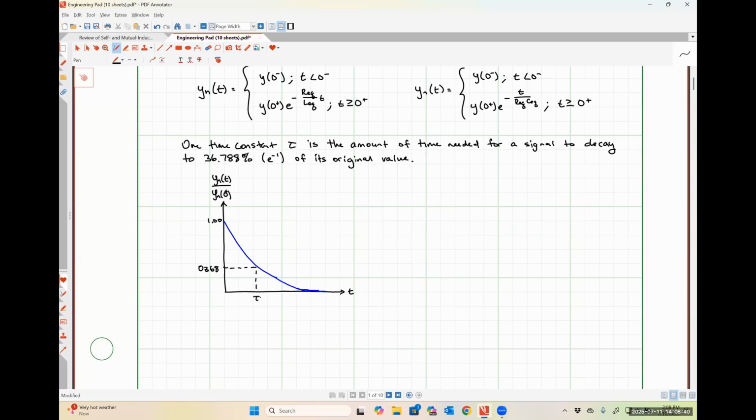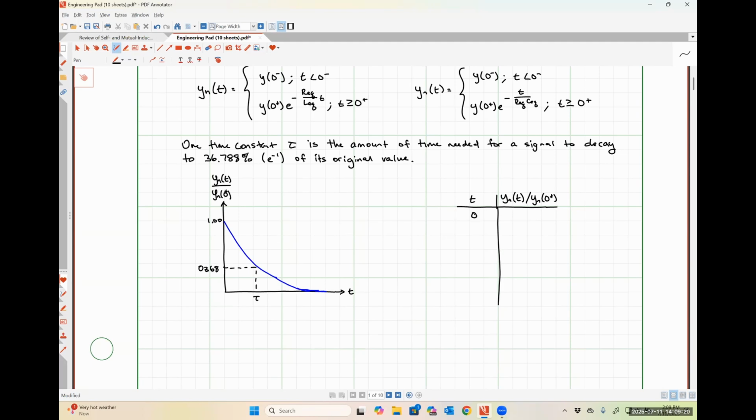My table is going to look something like this. On the left-hand side, we're going to look at time measured in multiples of time constants. On the right-hand side, we'll look at the ratio of our instantaneous natural response versus where it started at t equals 0+, so y_n(t) divided by y_n(0+).